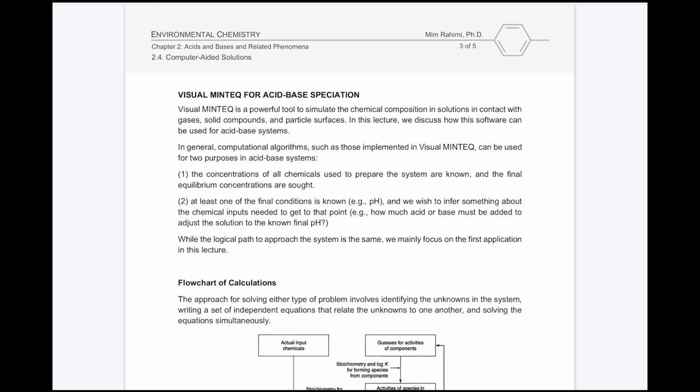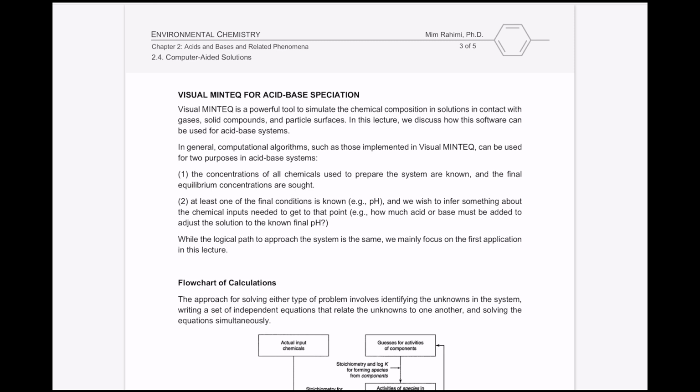So we know what we added and how much we added. Then the algorithm's job is to calculate how much we have of each species at equilibrium. So that's the first goal.